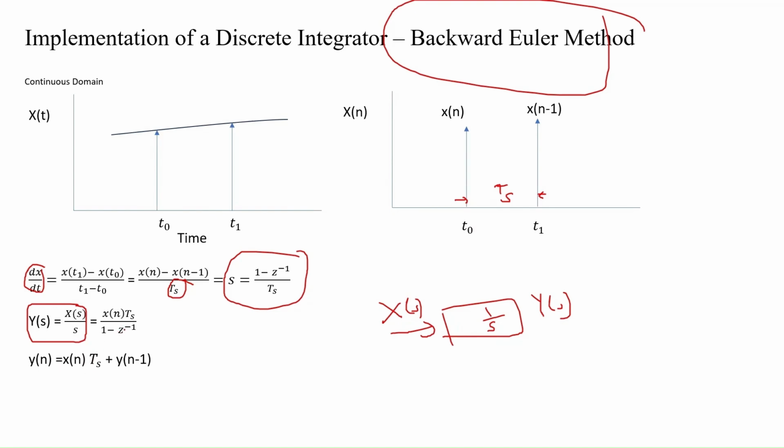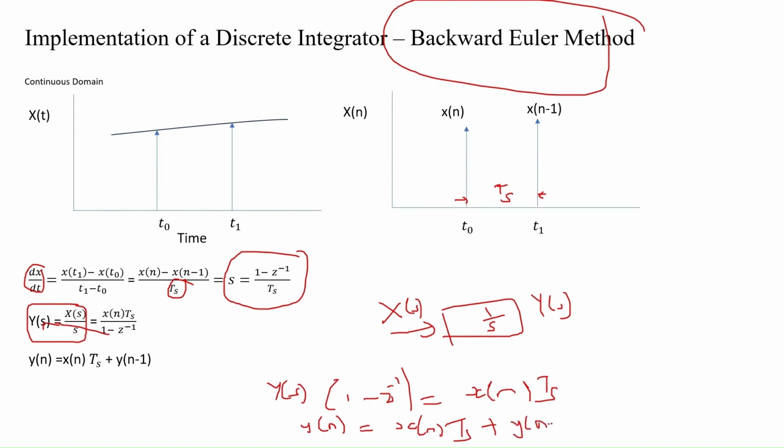If I take this signal, I will get y of s into 1 minus z minus 1 equals x of n into TS. Now y of s into 1 is y of n. So y of n is nothing but x of n into TS, plus z minus 1 is nothing but y of n minus 1. So this is what you want to implement in the discrete domain, right?